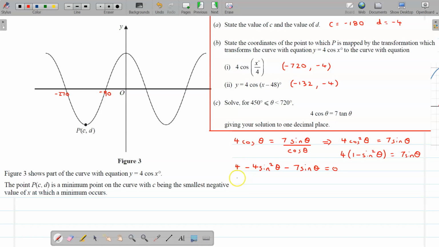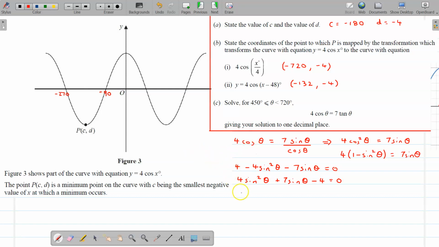Multiply everything by -1 and I'll get 4 sine squared theta plus 7 sine theta minus 4 equals 0.